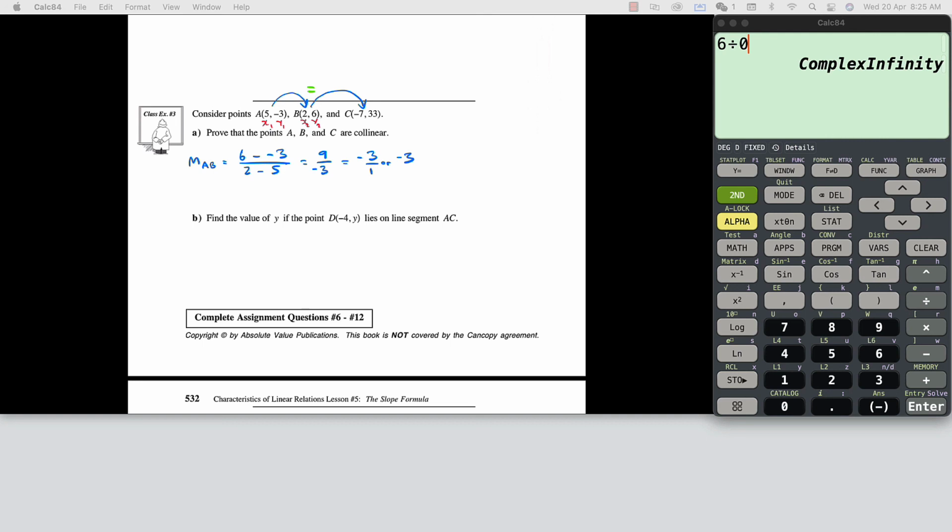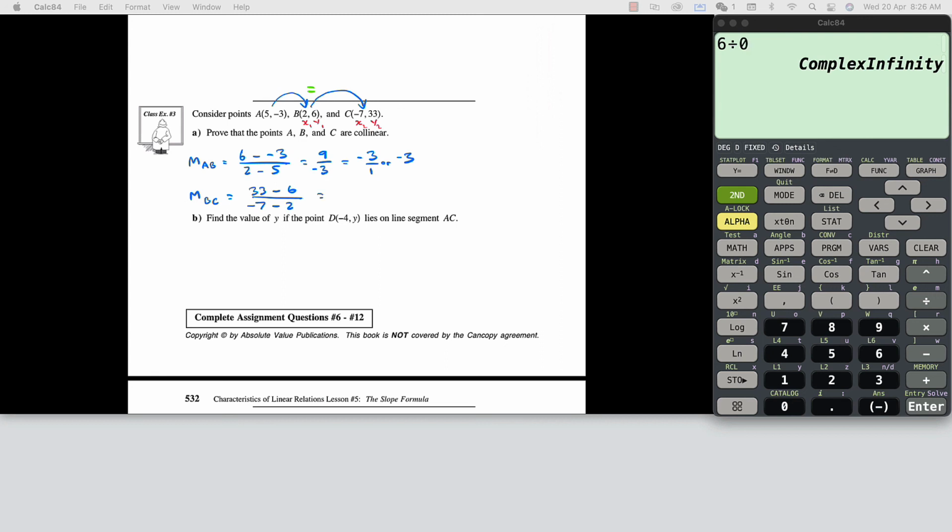Okay, so let's take a look at slope M of BC. I need to create some new points, so I will delete this XY that I indicated already, and do it again, XY 1, 1, XY 2, 2. This is going to equal Y2, which is 33, minus Y1, which is 6, over X2, which is negative 7, minus X1, which is 2.